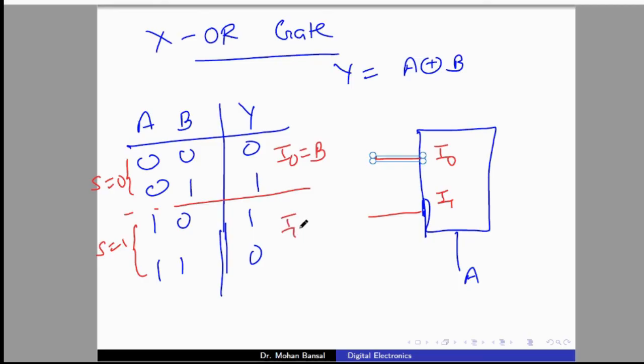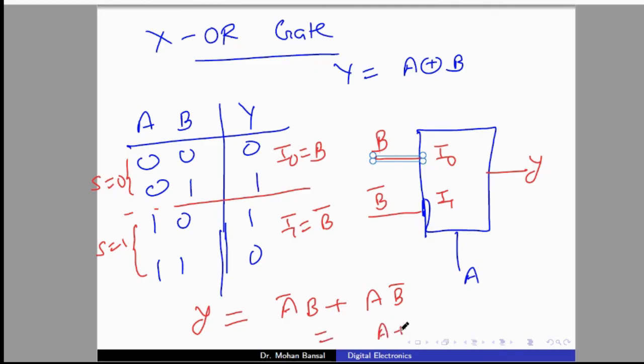So this is nothing but b complement. So I0 is b and I1 is b complement, and this is our y. If we write the expression for this multiplexer, as for I0, that is A bar B plus A B bar, that is the S I1. So this is nothing but A XOR B, that everyone knows.